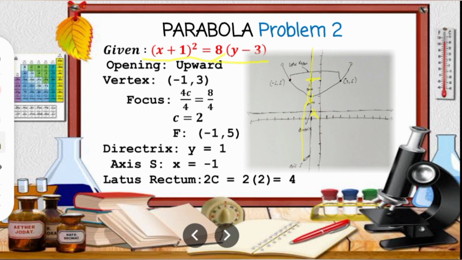So we count 1, 2, 3, 4 on each side, and we get (3, 5) and (negative 5, 5). If we connect those, that is our latus rectum. And this is our parabola, opening upward.